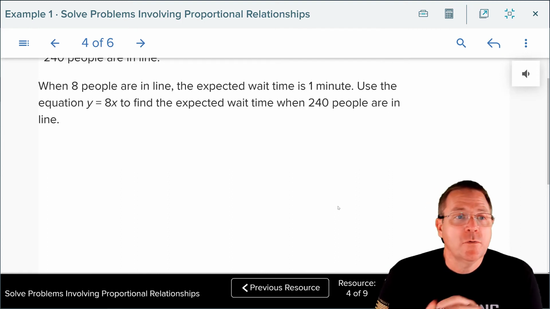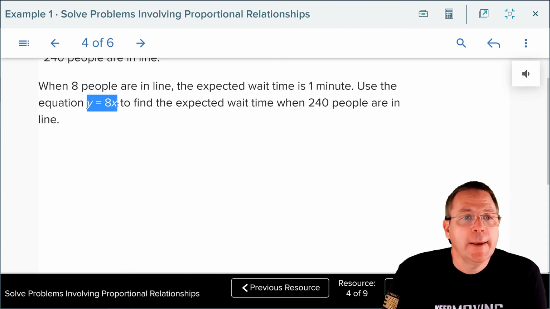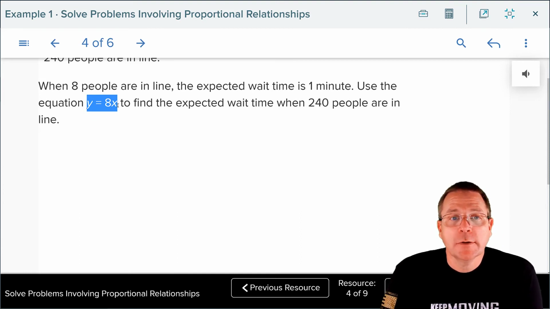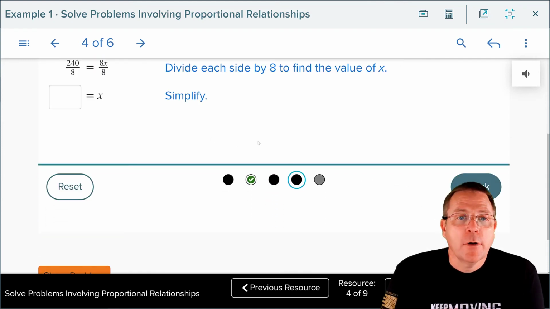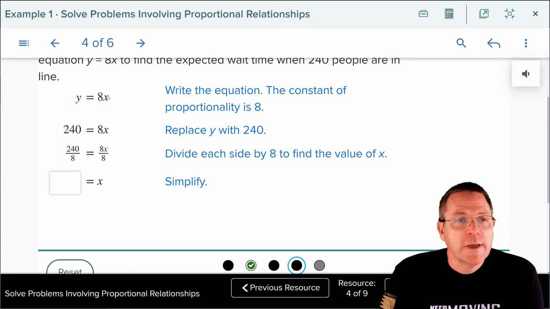Now we're going to use that direct variation formula again, y equals kx, only we're going to call it y is equal to 8 times x because we established that 8 is our constant of proportionality to find out the wait time when we have 240 people in line. Hit our next button. We can see right here they have programmed in their formula y equals kx, k is 8, y is equal to 8 times x.